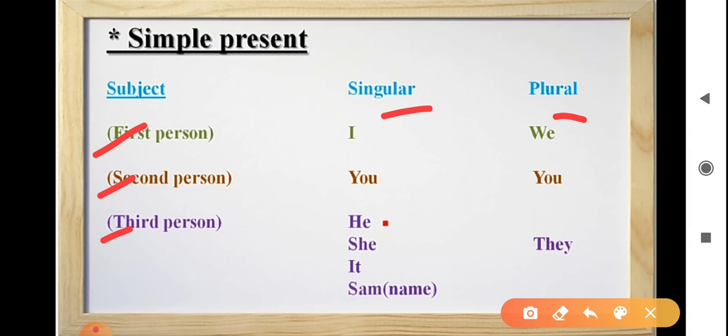You is second person and is counted as both singular and plural. He, she, it, and a singular name are counted as third person singular, and they is counted as third person plural.